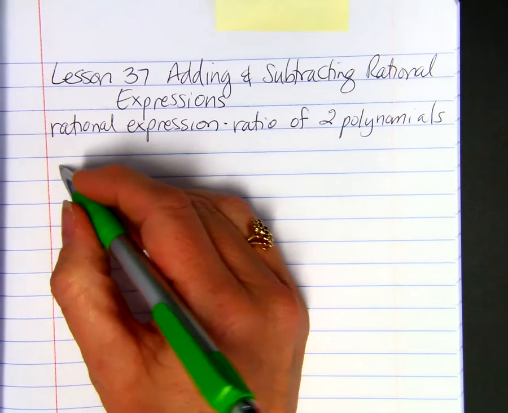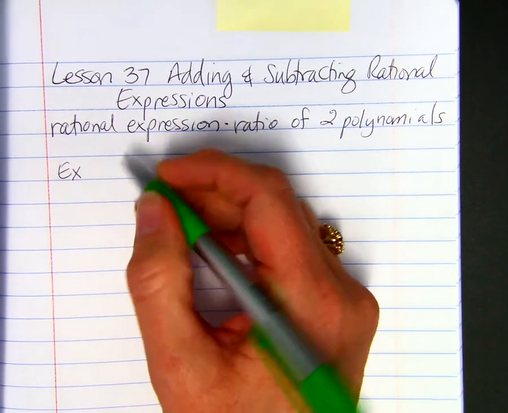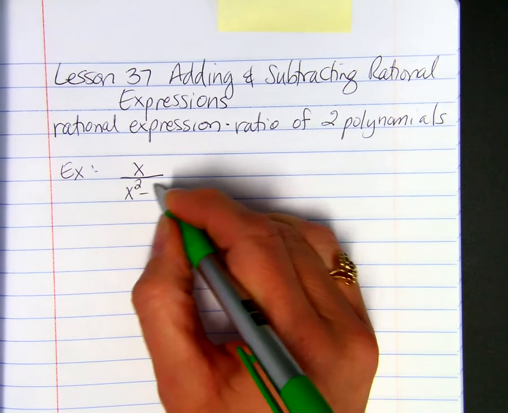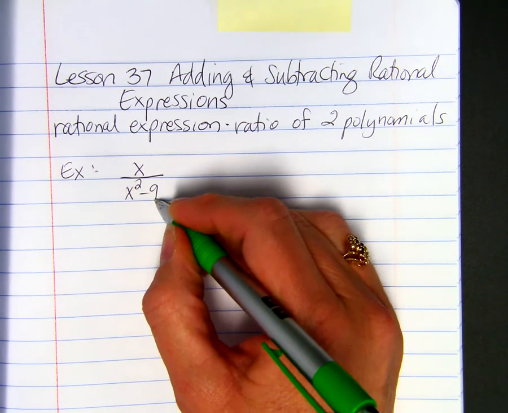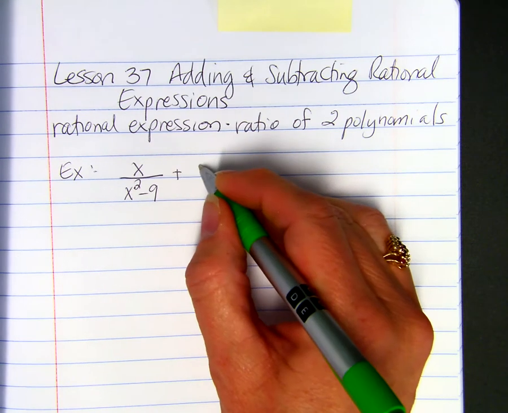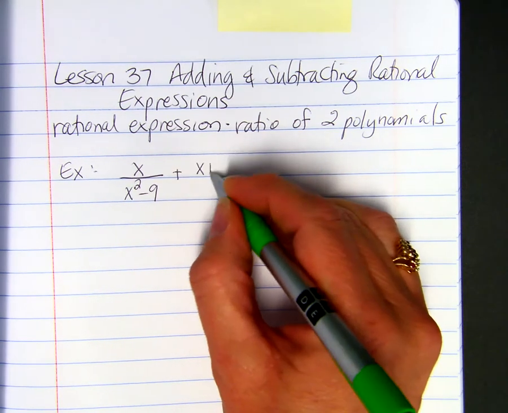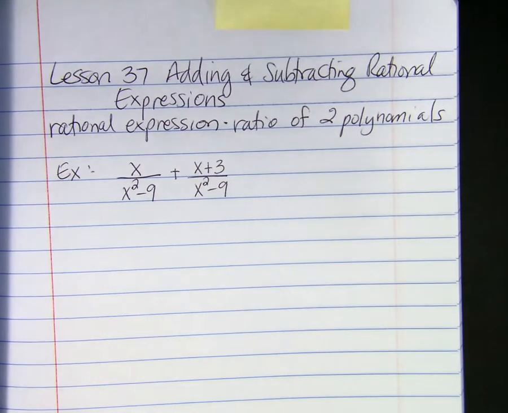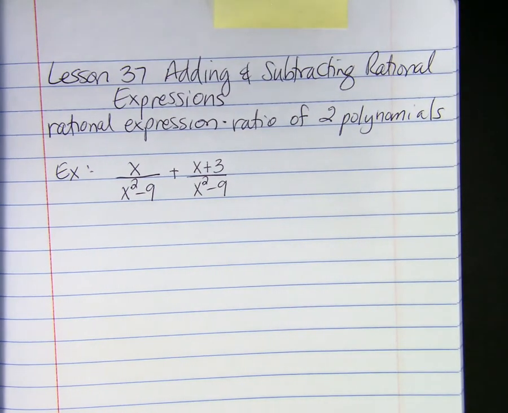So for example, if I want to add x over x squared minus 9, and I want to add x plus 3 over x squared minus 9. So I want to add these two fractions together.